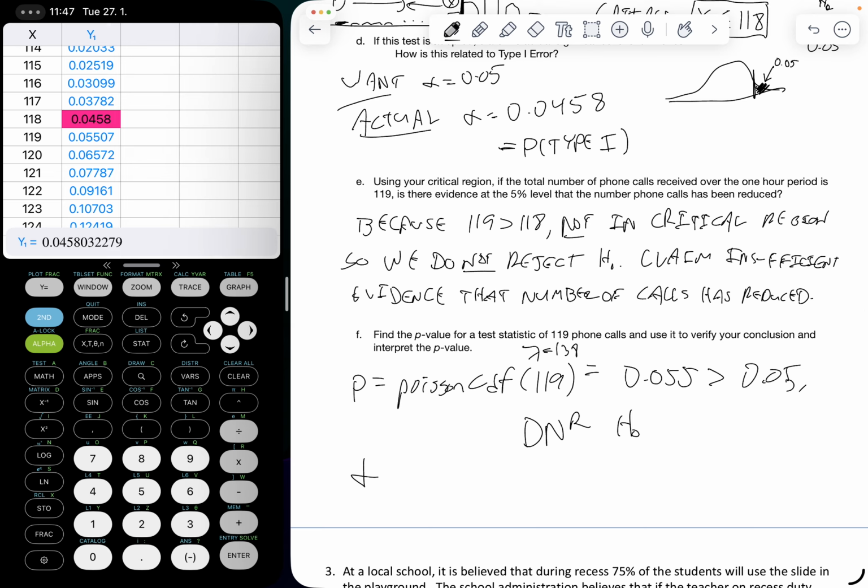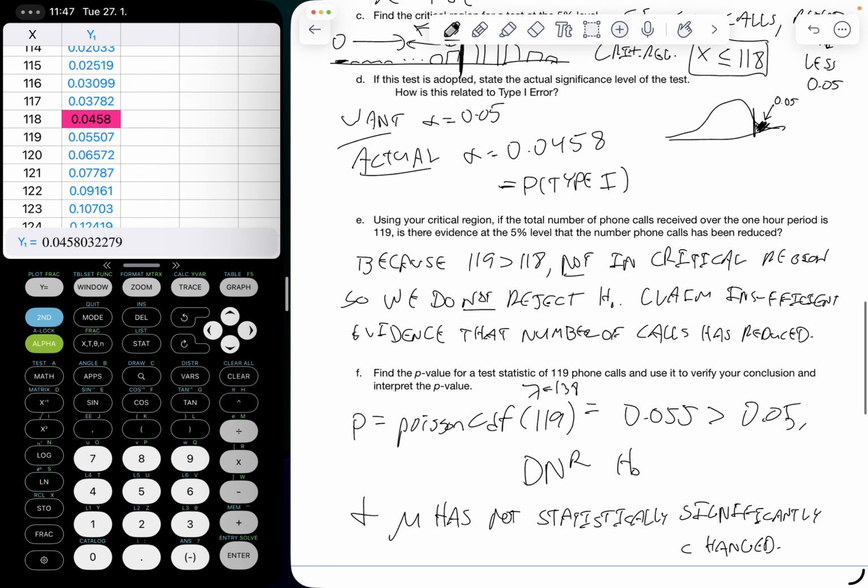And we claim that the average has not statistically significantly changed. And that is how you test a Poisson average.